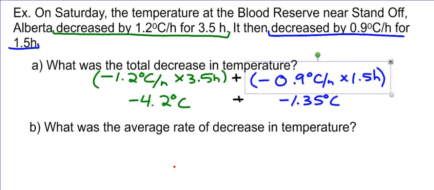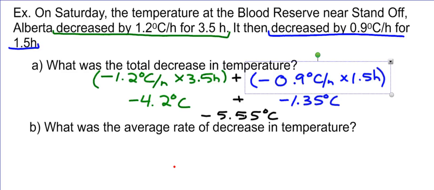And so we have these two values being added. It went down 4.2 and then it went down another 1.35, so the temperature should be more negative, and we end up with negative 5.55 degrees Celsius. So the temperature went down 5.55 degrees Celsius in that time.